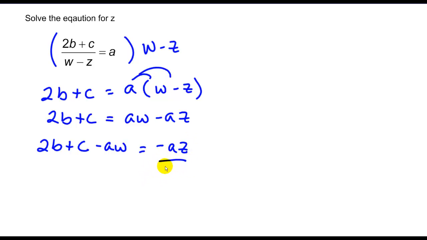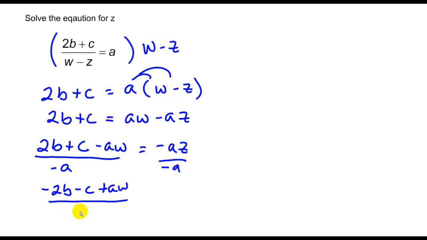So in this case, I'll divide by negative a on both sides, and just like last time, I don't want to leave a negative in the denominator, so divide by negative 1 in each term, getting negative 2b minus c plus aw over a. Notice these a's will not reduce because I can't reduce across addition and subtraction. We learned that freshman year.